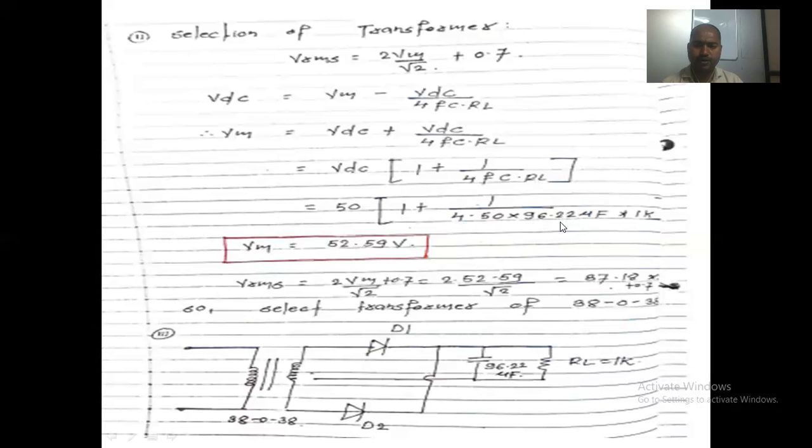Sir, 4.69 15. Into 10 raised to... In a bracket, how do you have to write it? In a bracket, 4.60 into 96.22 into 10 raised to minus 6, bracket complete. Is it right?